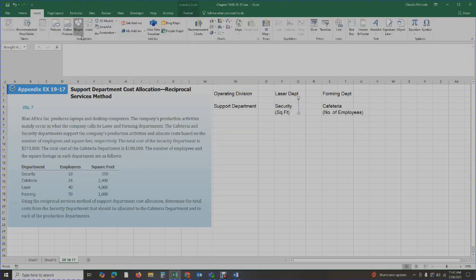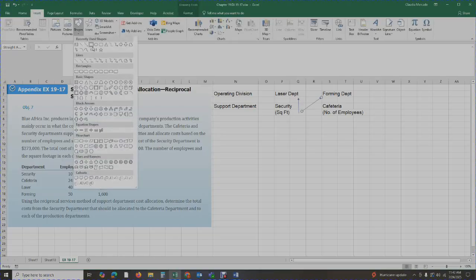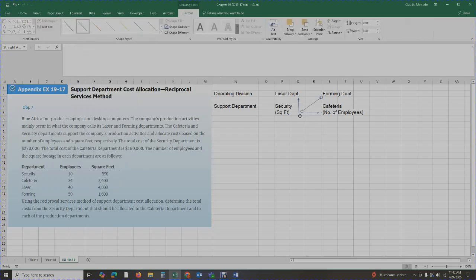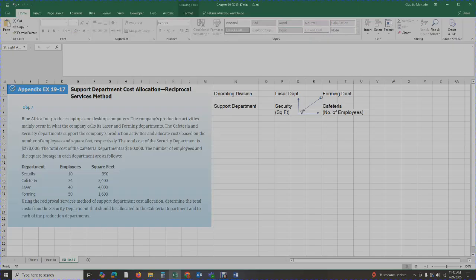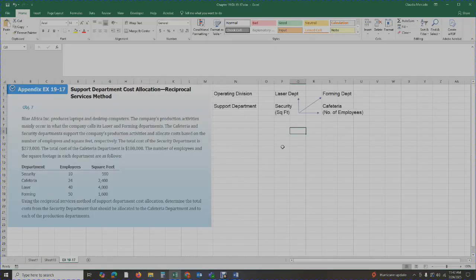The security is going to go to the forming, and the security cost, that's what the problem wants, is going to go into the cafeteria, okay? So we're going to be allocating the security cost into the three other departments. Now, remember what the problem said over here on our notes. It says support departments never allocate their own costs to themselves. So the security department is just going to get their costs and distribute it to the other three departments.